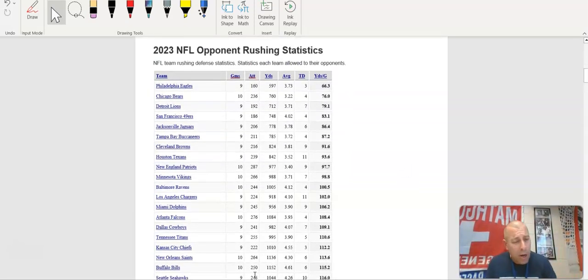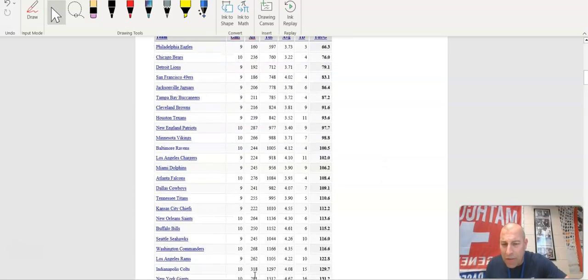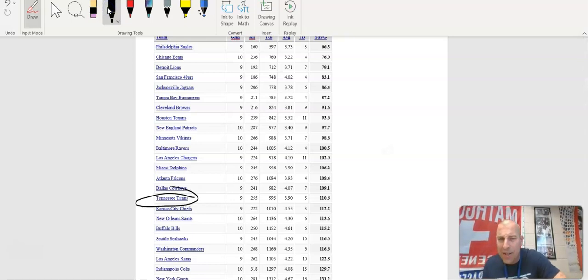Now remember, this is the opponent that's there, so I do need to look and see who he's playing. It does say TEN for Tennessee. So I'm going down the page trying to find where Tennessee is at, and there they are, kind of in the middle. As I'm going through this, I'm thinking, okay, it's just average. Nothing bad, nothing great. So let's go to the next thing for it.